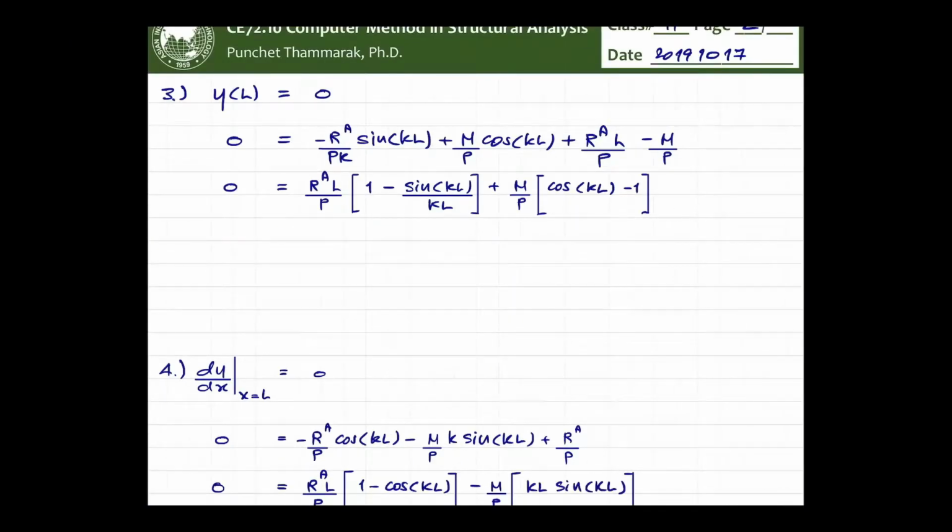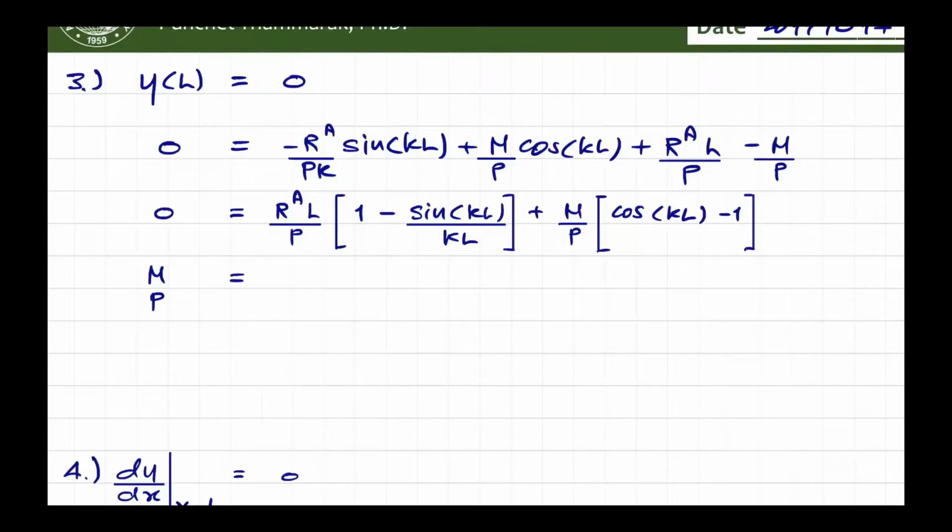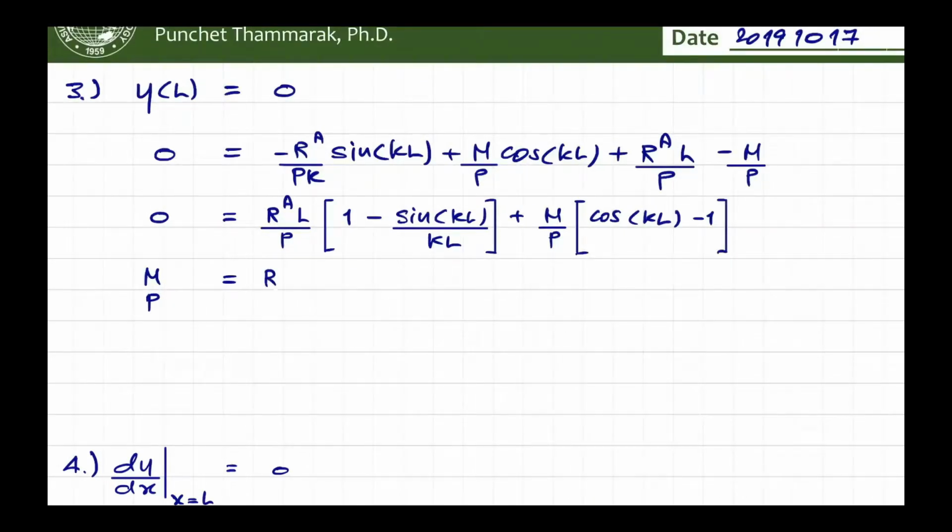Make the M over P the RAL over P multiplied by sine KL minus KL.